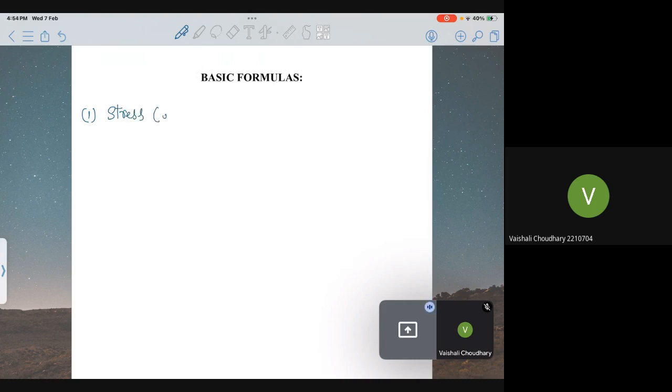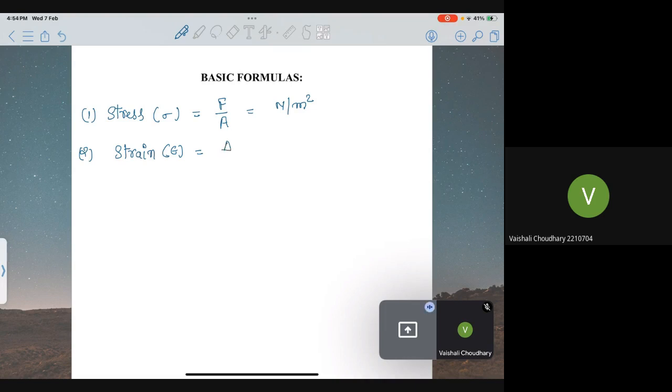We denote it with sigma, which is nothing but force per unit area, and the unit of the stress is Newton per meter square. Okay, then strain. We denote it with epsilon.